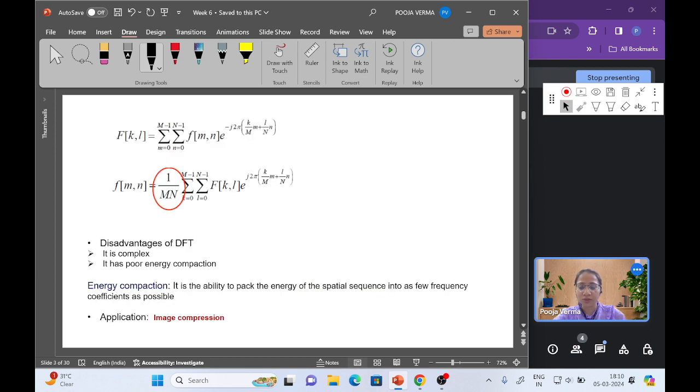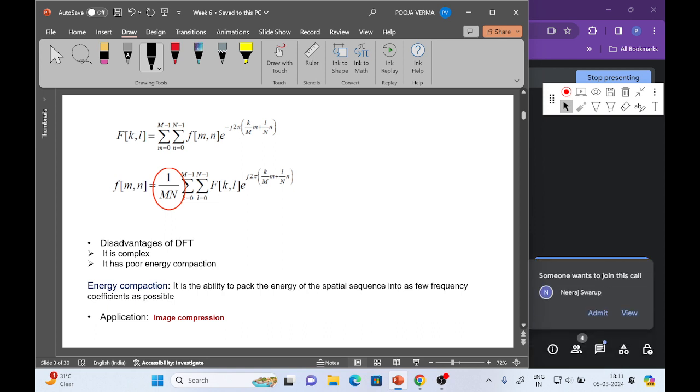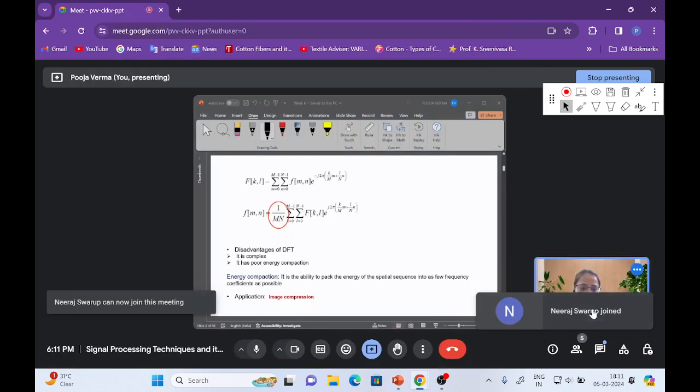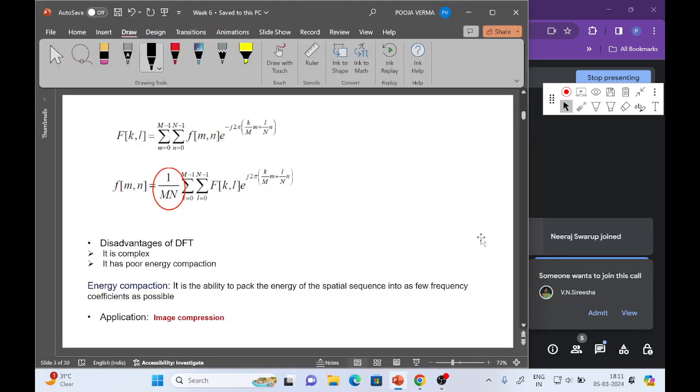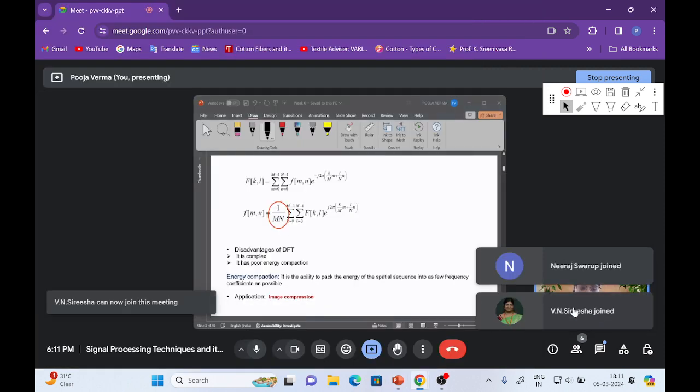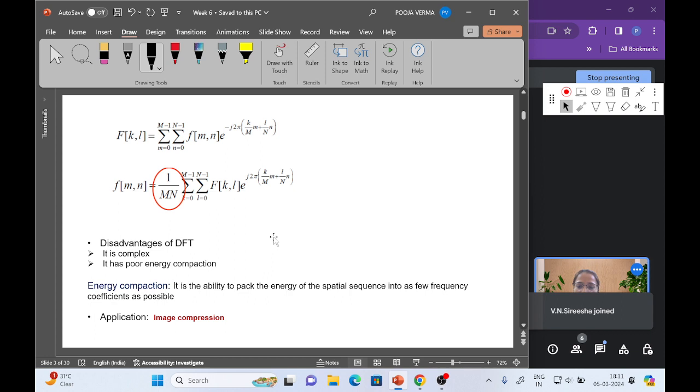The two-dimensional discrete Fourier transform is represented by F of k, l equal to summation m equal to 0 to M minus 1 and summation n equal to 0 to N minus 1, in both directions m and n, of f of m, n, where f of m, n is the original signal, times e to the power minus j 2 pi (k m by M plus l n by N).